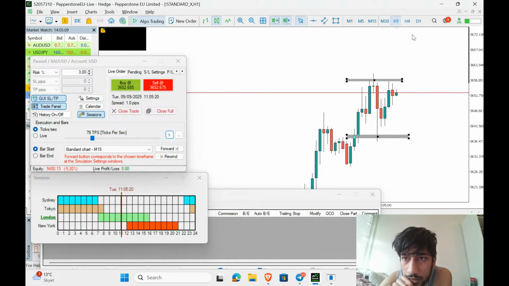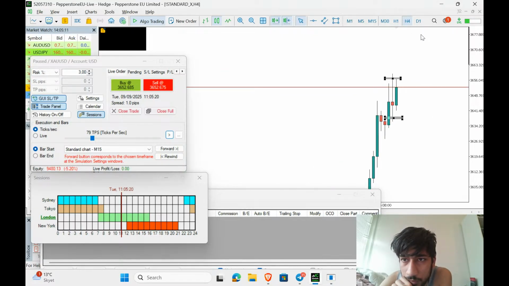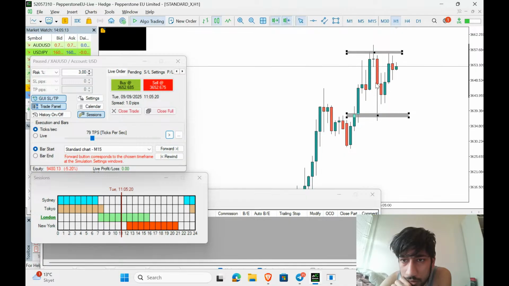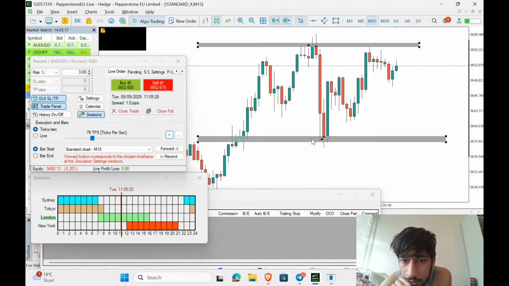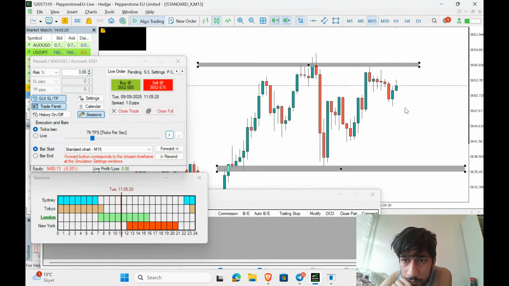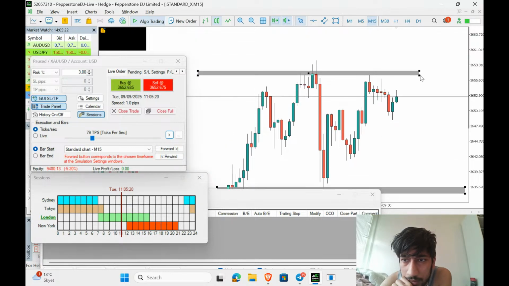So H4, H1, we're moving up. H1, it's just moving up. M30, M15, we have clean range below this for sells, and clean range above this for buys.